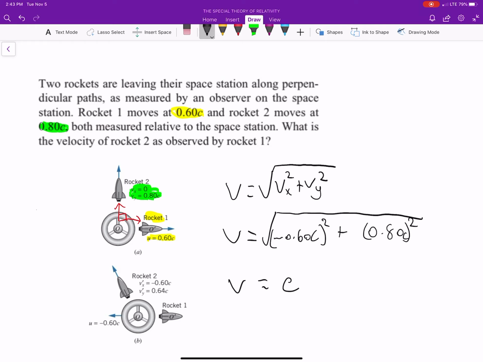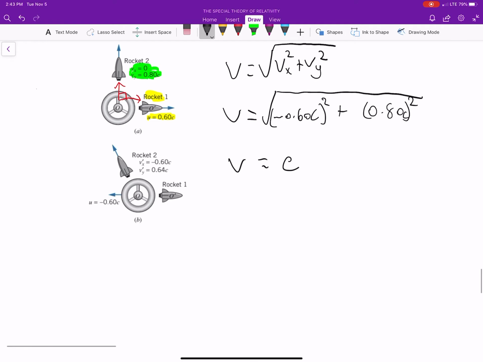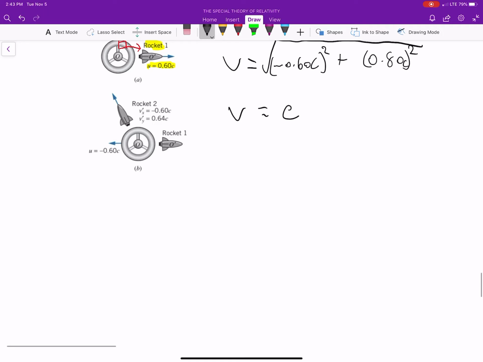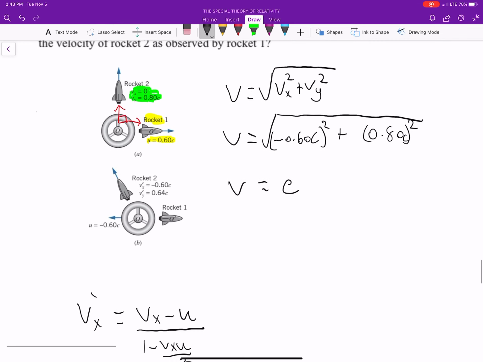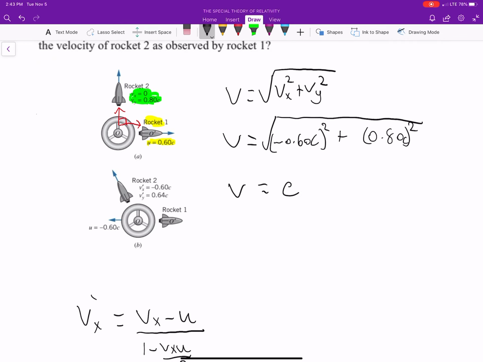Now, let's see what we get when we use our new information. We know that there's no velocity in the x direction, but let's go ahead and work it out. So v prime x is equal to vx minus u over 1 minus vx u over c squared. Rocket 2 itself doesn't have any velocity in the x direction.